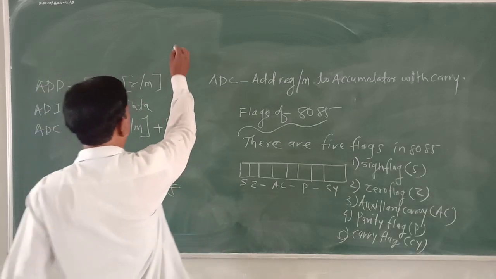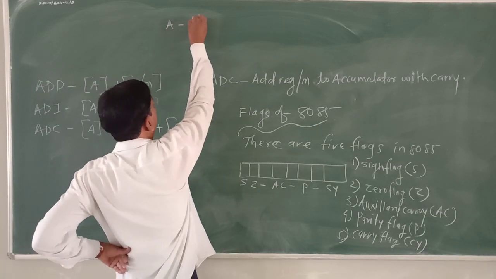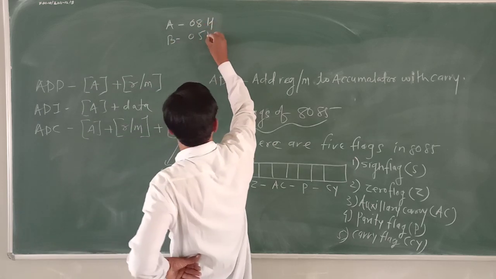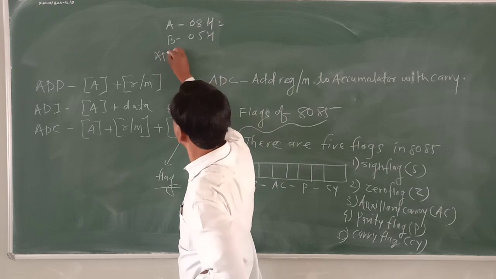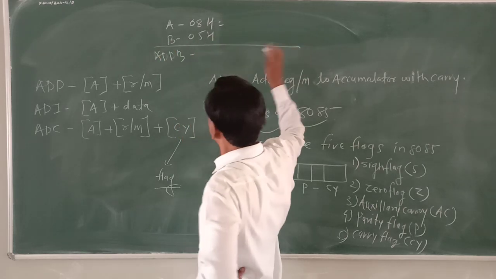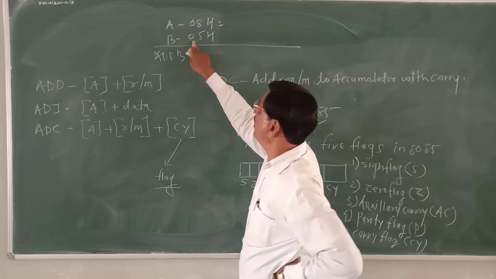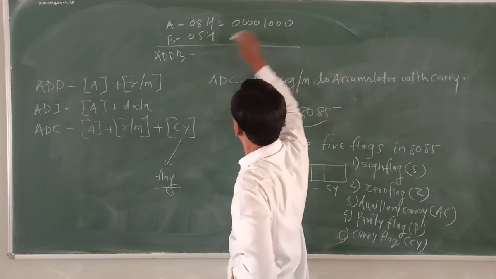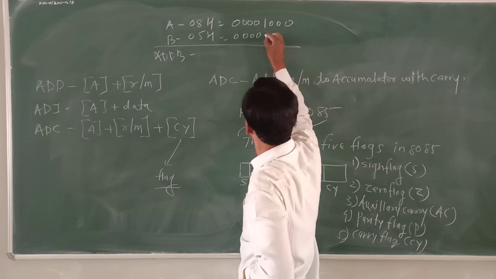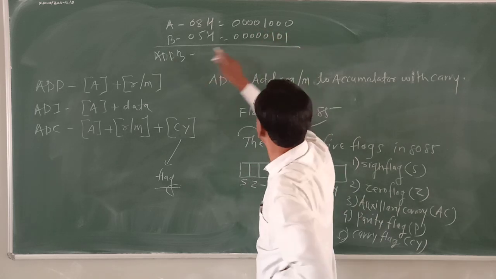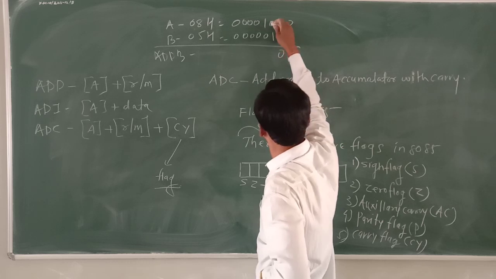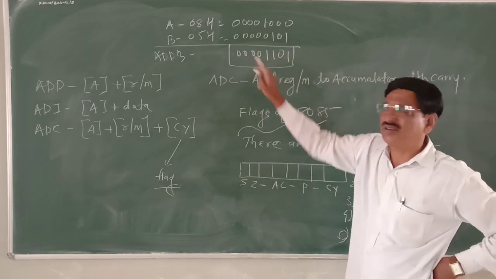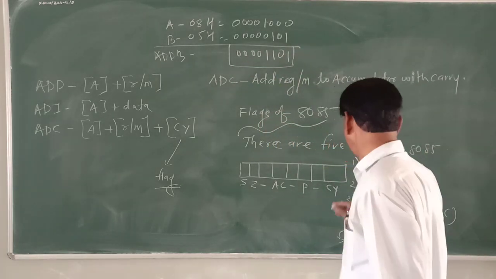Suppose after an arithmetical logical operation, accumulator is 08H and register B is 05H and the instruction is ADD B. First make the 1s and 0s: 08 is 0000 1000 and 05 is 0000 0101, and after the addition we get 0000 1101. This is the result. Now look at the result. Is any carry produced? No. So the carry flag will be set to 0.